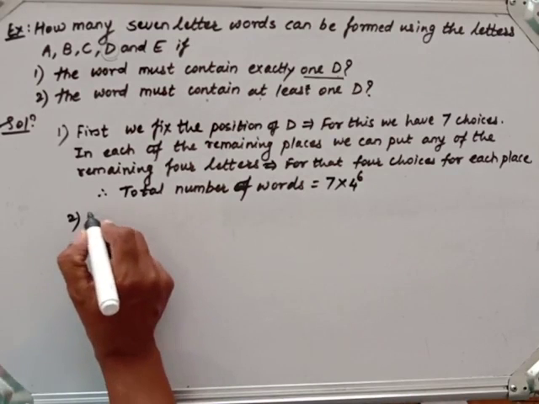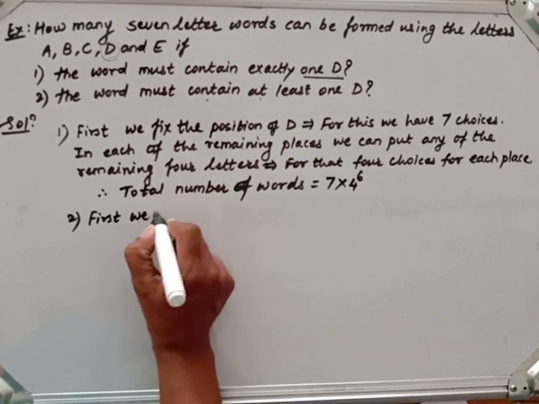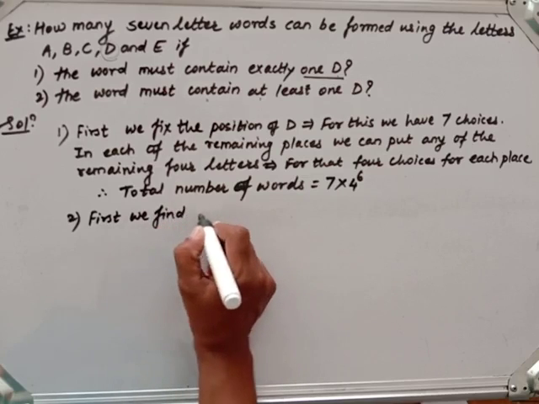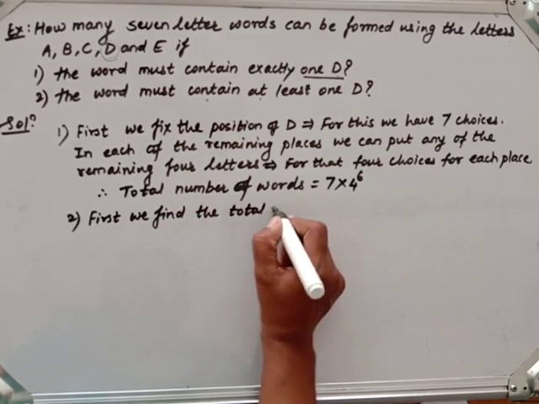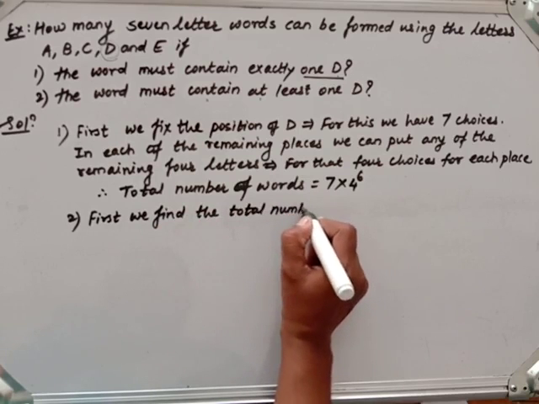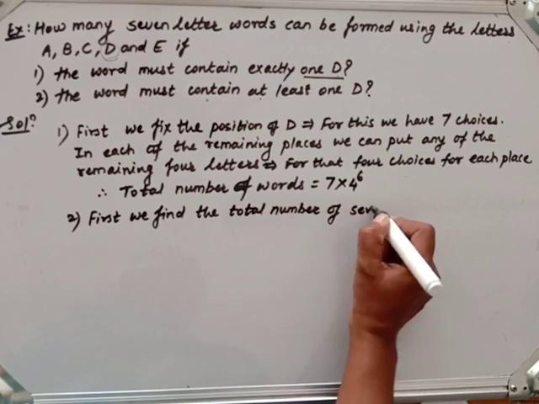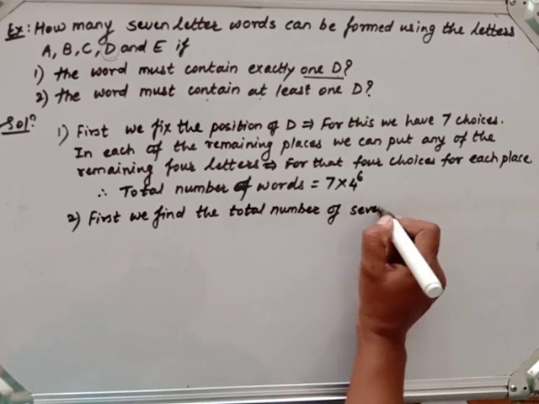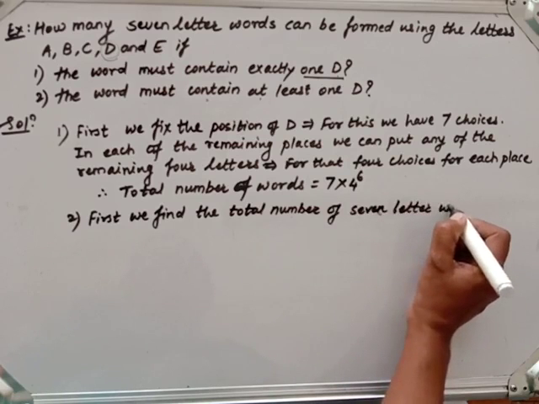So what should be the answer? We should write: first we find the total number of 7-letter words.